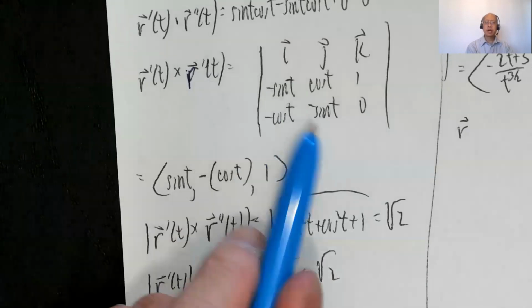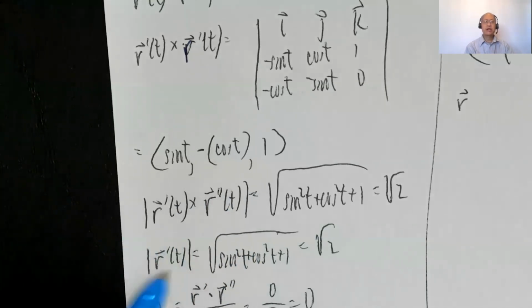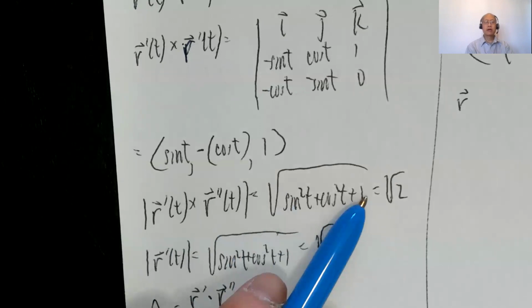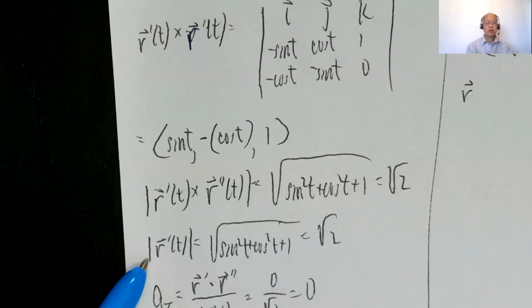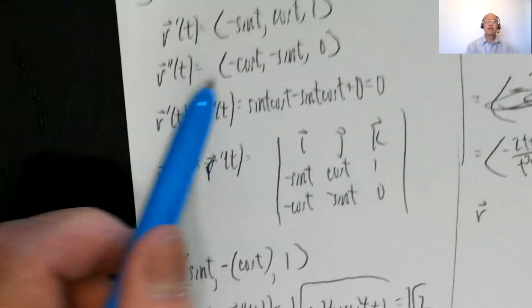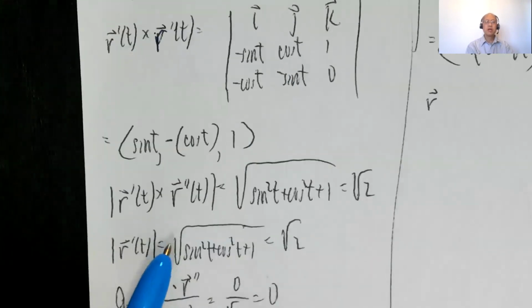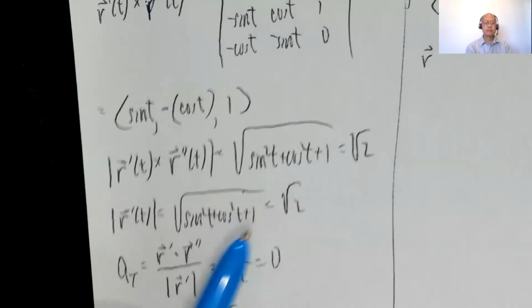And the k component is sine squared minus a minus cosine squared, which is 1. The magnitude of that is the square root of sine squared plus cosine squared plus 1, radical 2. Then I need the magnitude of r prime. The magnitude of r prime is the square root of sine squared plus cosine squared plus 1, which is radical 1 plus 1, radical 2.